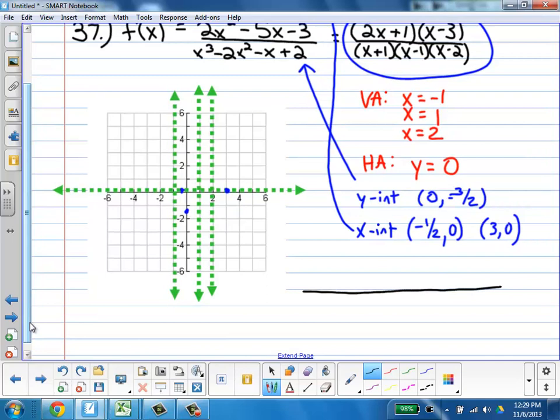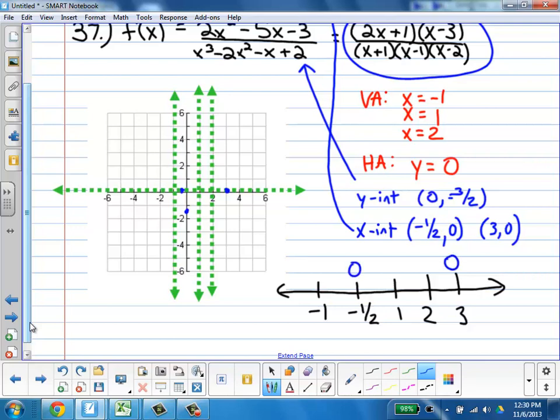Let's do that. So the interesting points are at -1, -1/2, 1, 2, and 3. And you know that it equals 0 at -1/2 and 3.